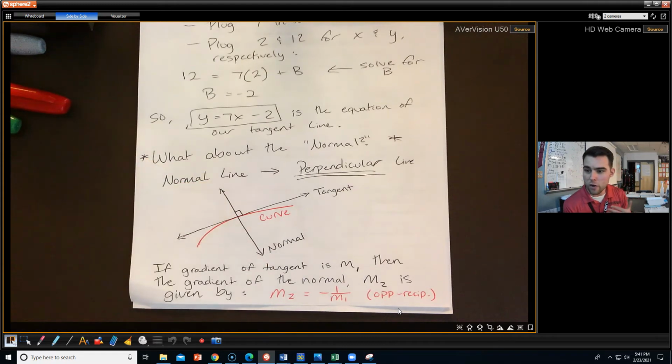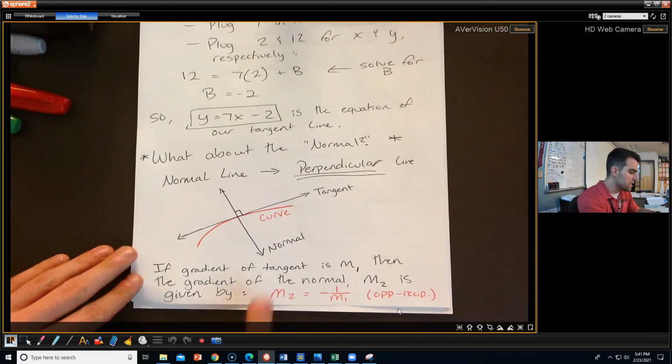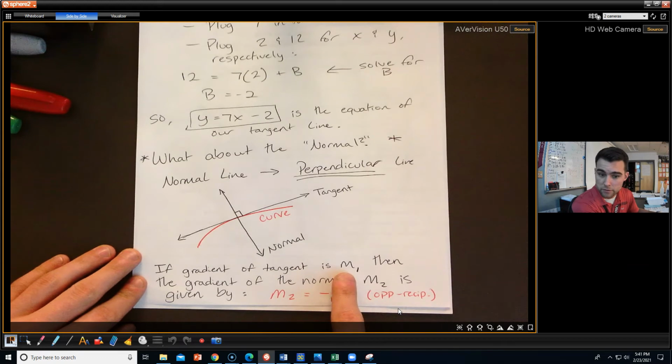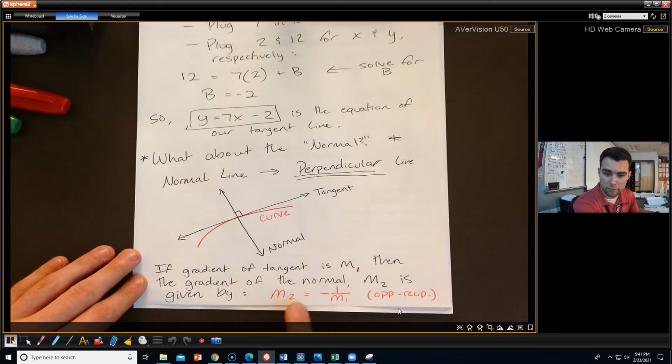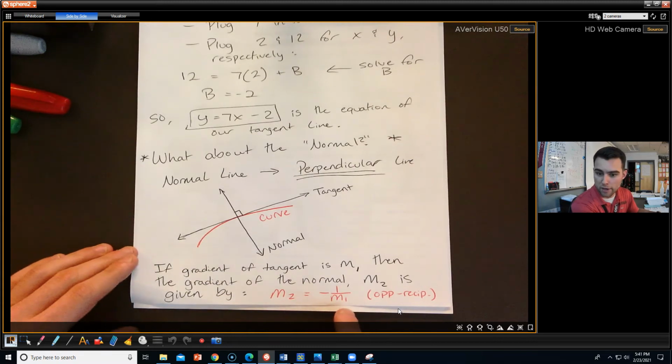And really, we know a line is perpendicular to another if their slopes follow a specific pattern, right? If the gradient of the tangent is m1, then the gradient of the normal, m2, is given by m2 equals negative 1 over m1.